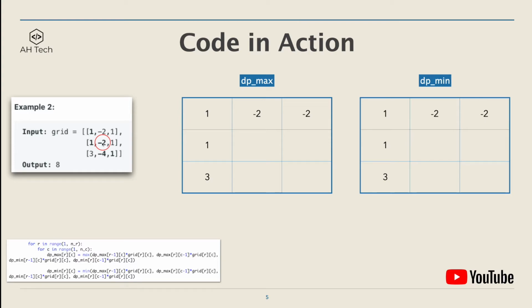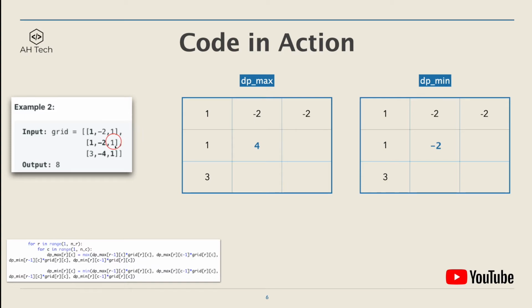Because in each step we're only allowed to move right or down, in DP max and DP min the values will be updated either from top or from left. The product from the top cell is 4, which is -2 times -2. The product from the left is -2 times 1, which is -2. For DP max, we'll put the maximum among these 4 possible values, which is 4, and for DP min, we'll put -2 here.